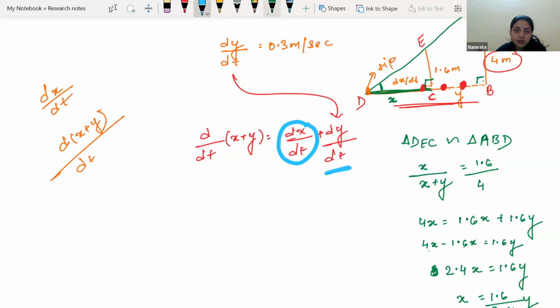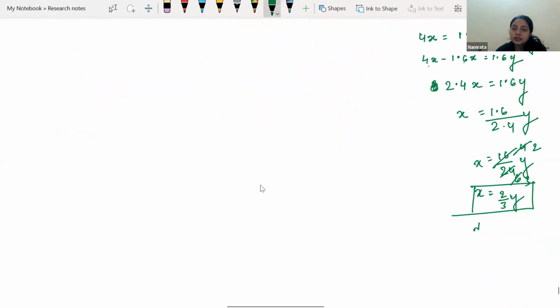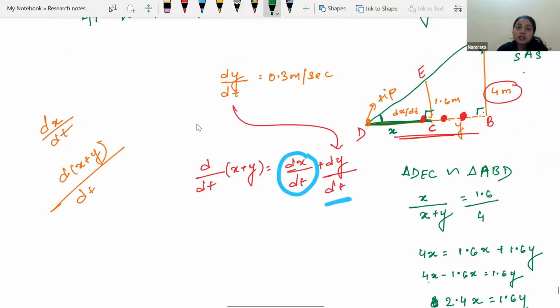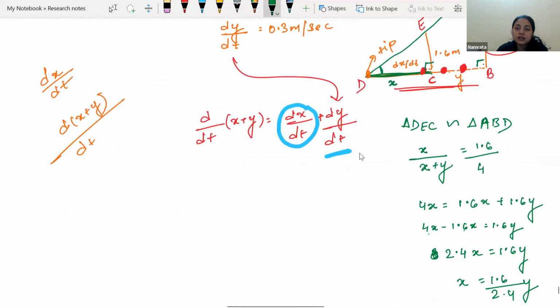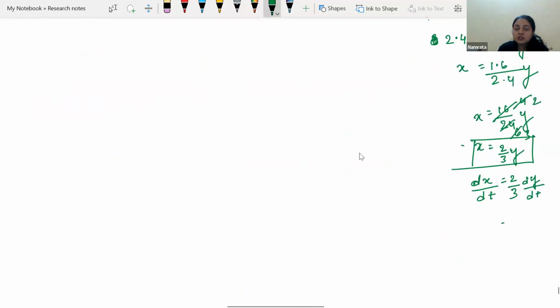So to get dx dt, we differentiate both sides with respect to time t: dx dt is equal to 2 by 3 dy dt. dy dt is already given in the question: the person is moving at the rate of 0.3 meter per second. And this is how we will get dx over dt.